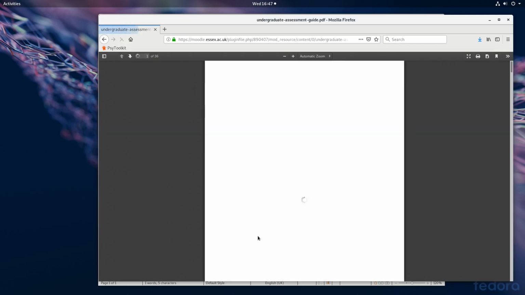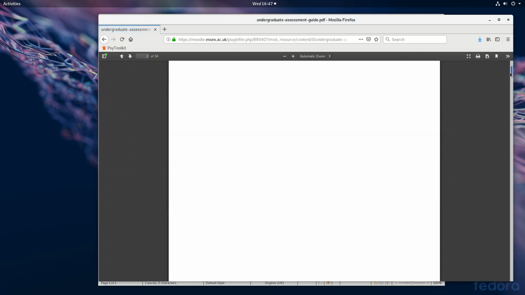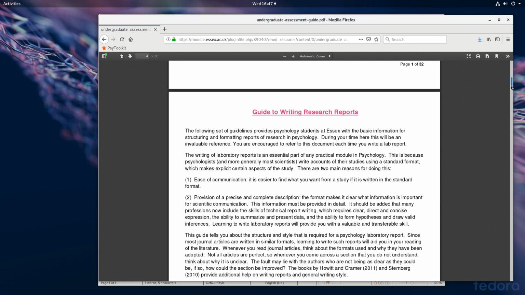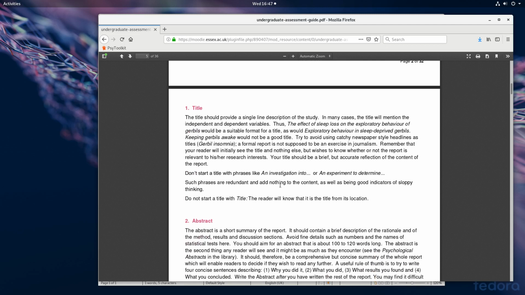If you click that, you see a PDF document, and it has all sorts of details on how to write your research report. Guide to writing research reports. This is very useful to use. It says, for example, how to write a title, how to write an abstract. So all these things can be found there.